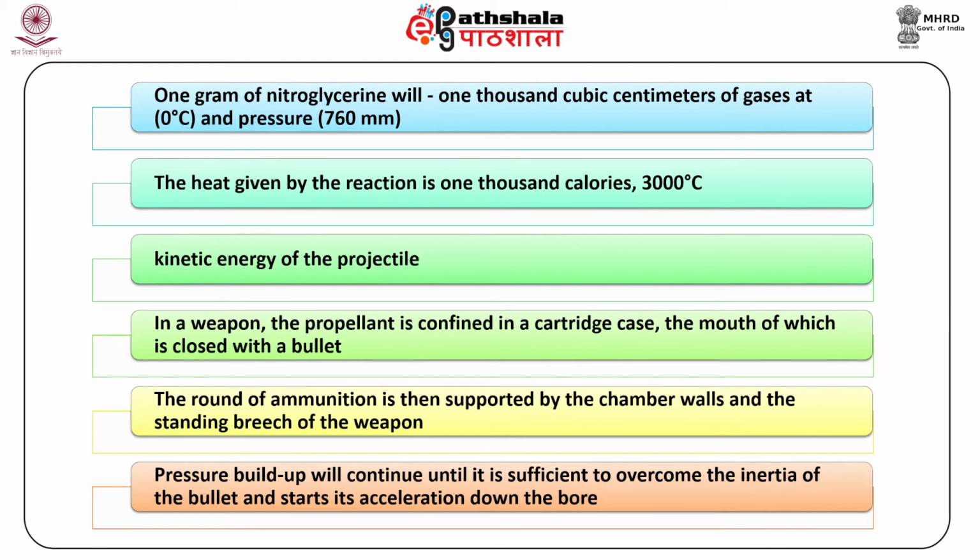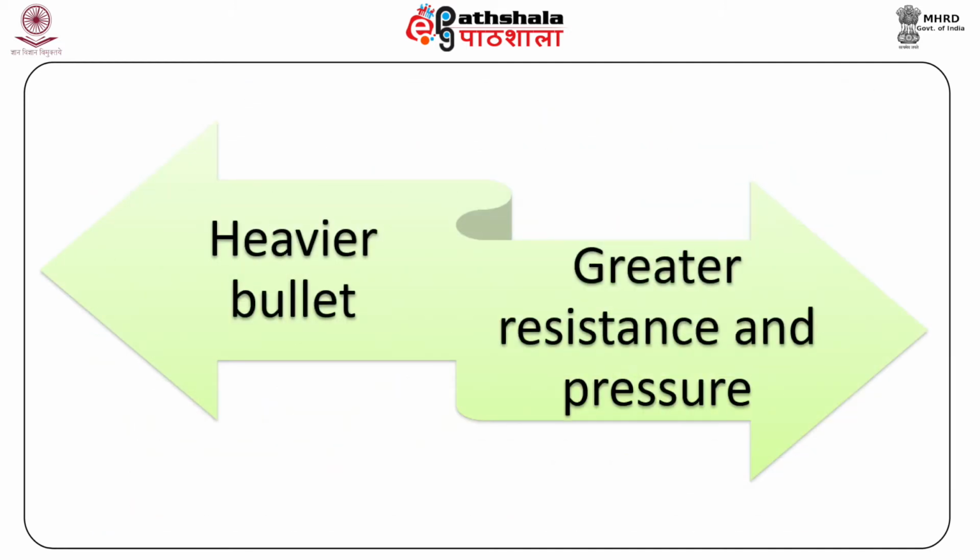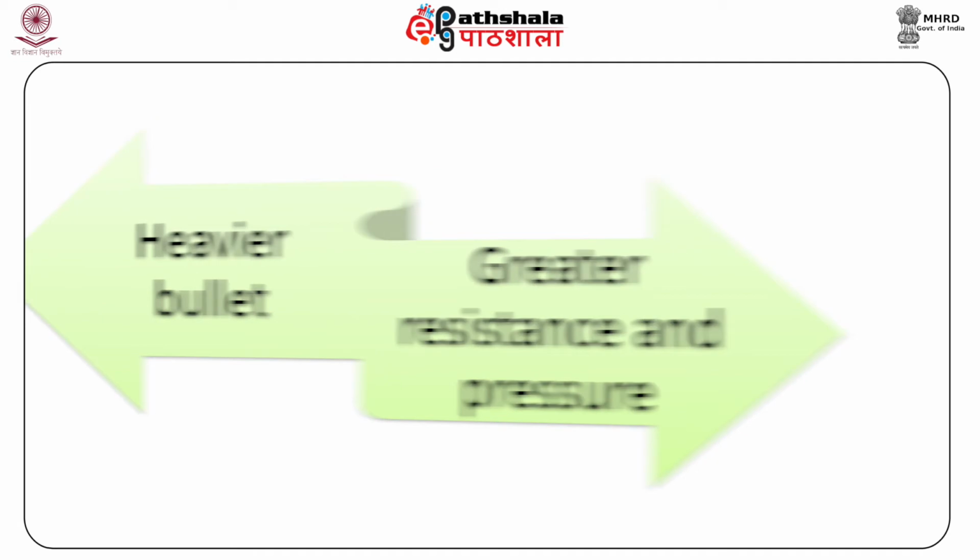Under these conditions, the pressure built up will continue until it is sufficient to overcome the inertia of the bullet and start its acceleration down the bore. The heavier the bullet, the greater will be the resistance and the higher the pressure.